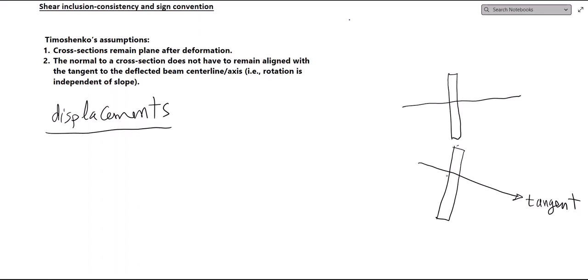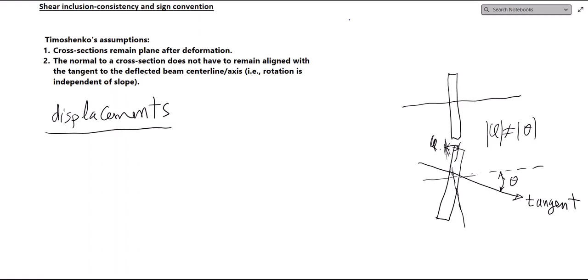So if I draw this here, this is rotated by theta, but these are rotated by a different angle, phi. And phi does not have to be equal to theta, at least in magnitude. In Euler-Bernoulli, these two must be equal, so the normal to the cross-section plane aligns with the tangent at that location that we are considering.